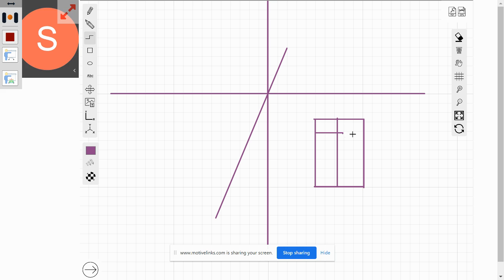Now this is the last way to find the slope of a line. So let's say this is x and this is y. Oh, my bad. Apologize for that.